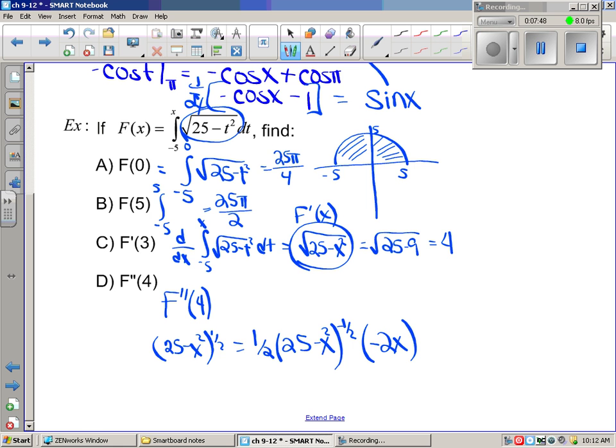And so then again at 4, just to simplify this out again, the 2's divide out. I would have -x over the square root of 25 minus x squared. So now when I plug in that 4, we would have -4. And we'd have the square root of 25 minus 16, which of course is 9. Square root is 3, so that makes that -4/3.